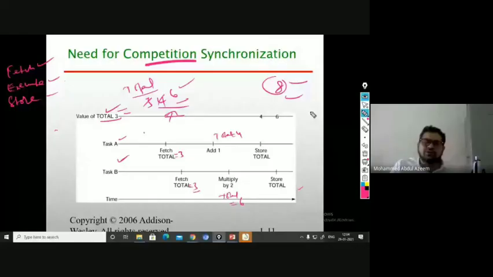So the result which you may get is not as you expected, right? This is one of the issues that has to be addressed while allowing computation synchronization. You can achieve this with the help of solutions like semaphores and monitors that we are going to study in the coming slides.